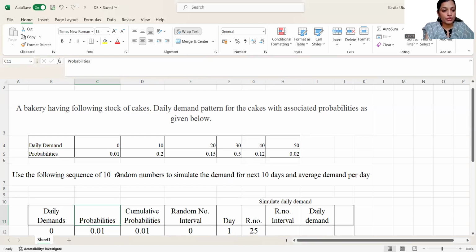Now come to the solution part. In this numerical, we need to understand that random numbers are given, we need to use random number intervals, probabilities are given, daily demands are given, and they have asked us to simulate demand for the next 10 days. These are the things we need to understand first.